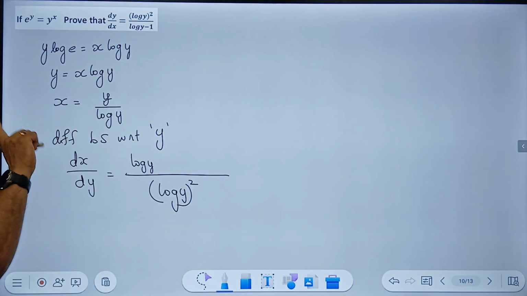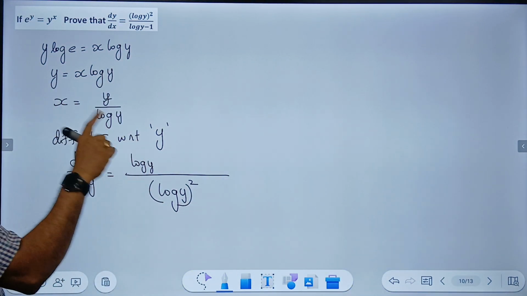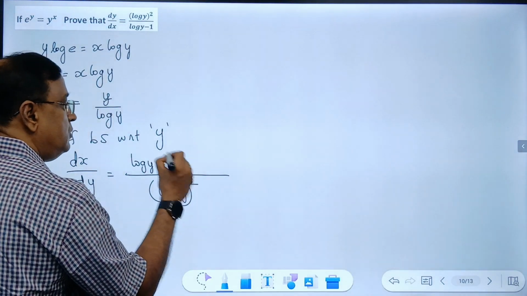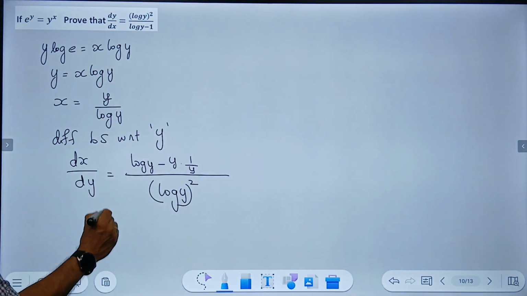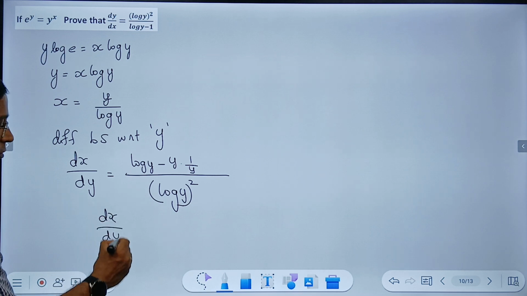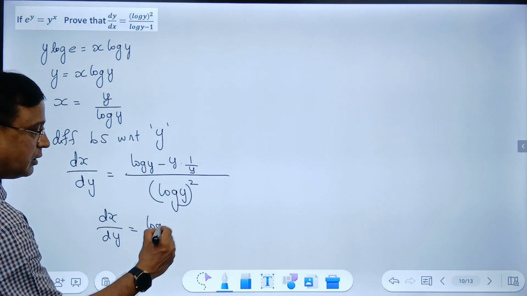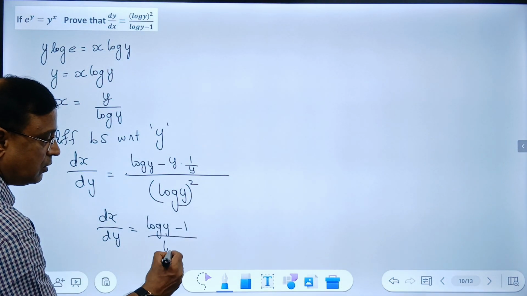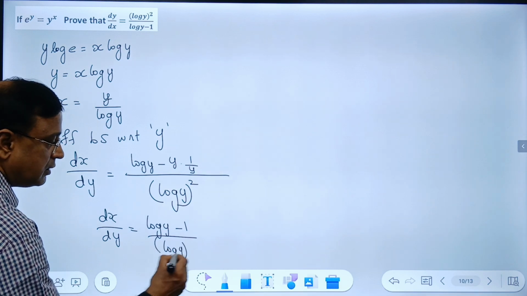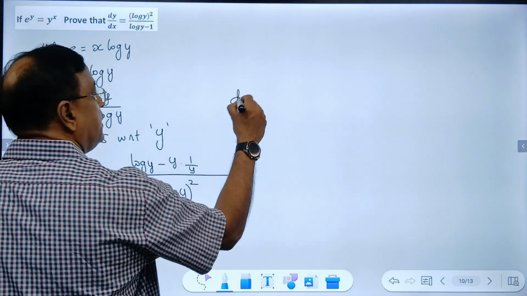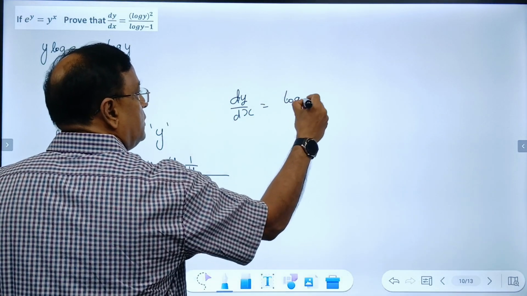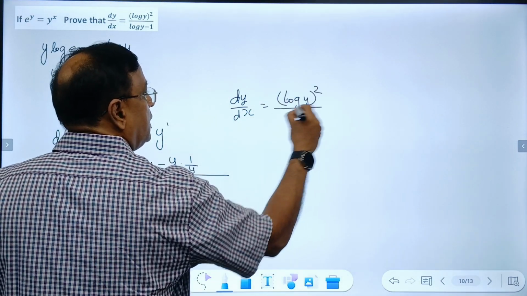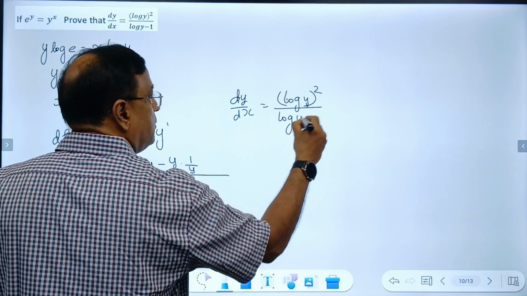It's 1, because quotient rule, differentiating with respect to y, minus y into, what is the differentiation of log y? 1 by y. So you have got dx by dy equal to log y minus 1 by log y the whole square. Now taking reciprocal, you get dy by dx is equal to log y the whole square divided by log y minus 1.